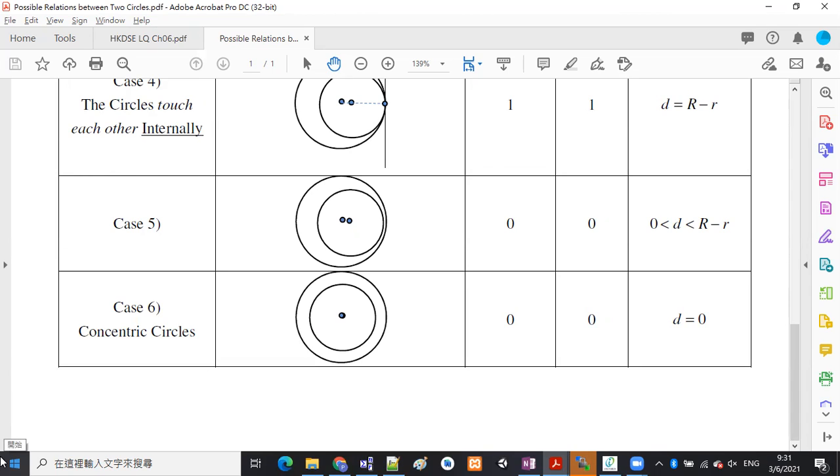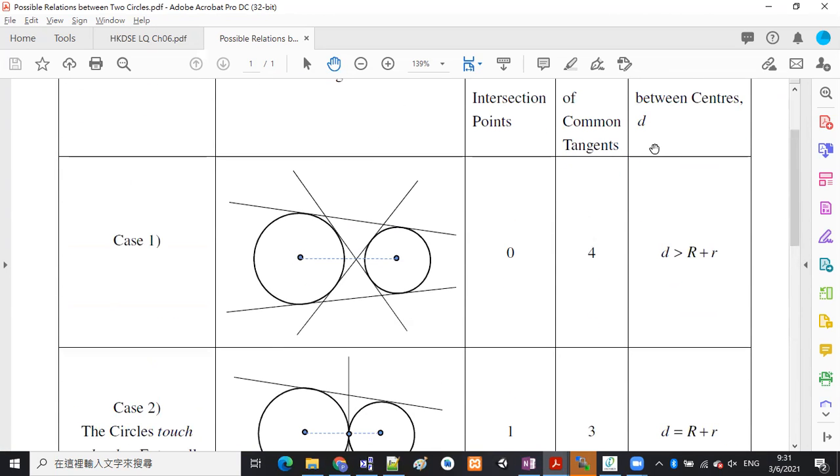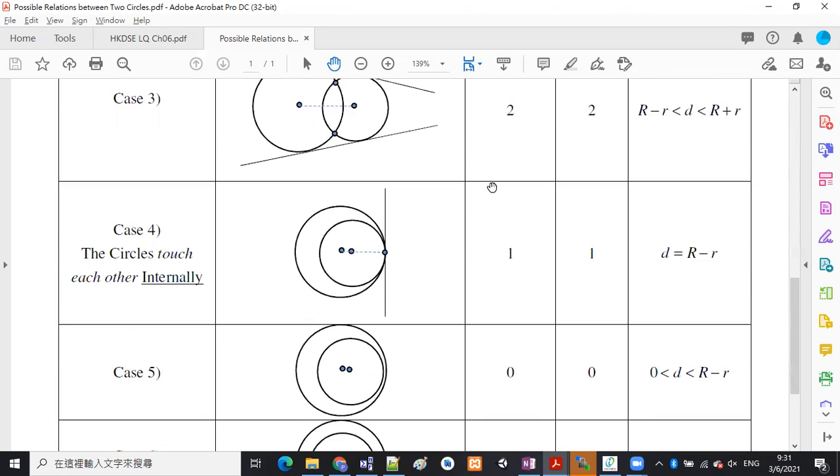Ready? So there are 6 different cases, and in the textbook, what will be taught will be just actually case 2 and case 4, case 2 and case 4.